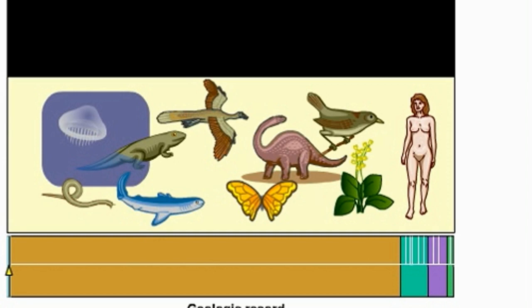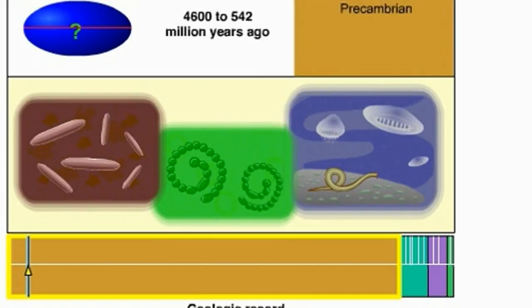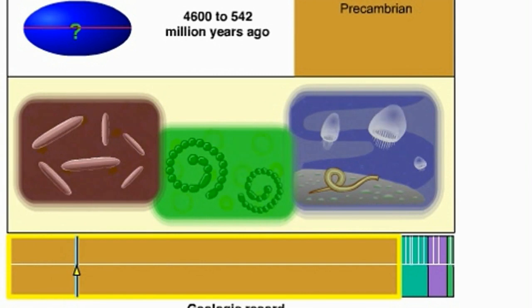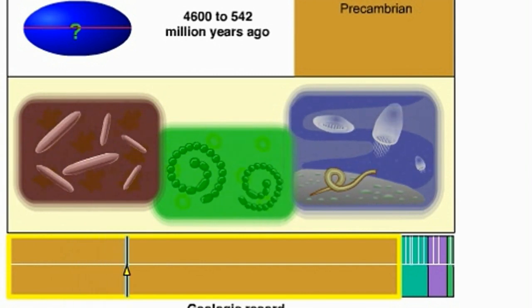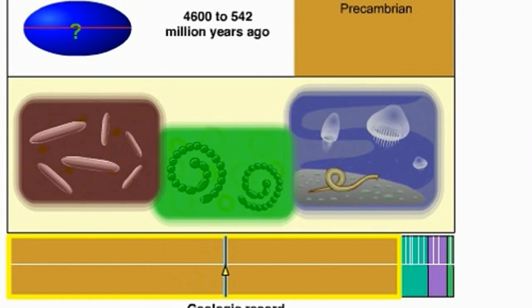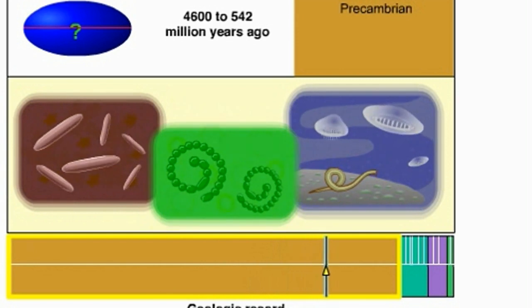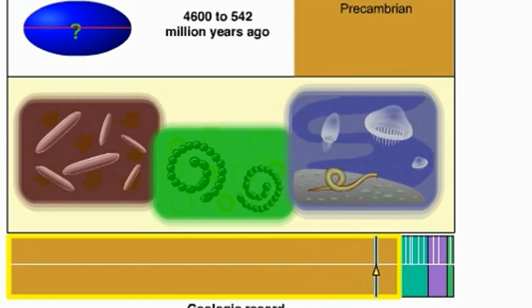Also, a diagram at the upper left will show what is known of the history of continental drift, based on evidence dating from the Mesozoic era. During the Precambrian time, which began at least 4,600 million years ago and ended 542 million years ago, life began on Earth. The first prokaryotic cells and cyanobacteria appeared, as well as the first animals.